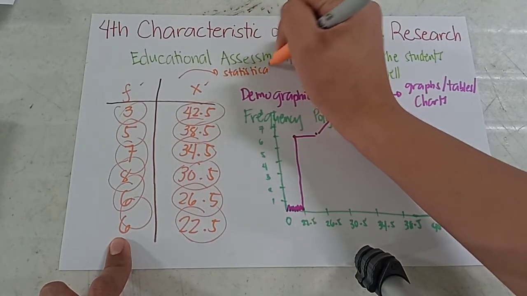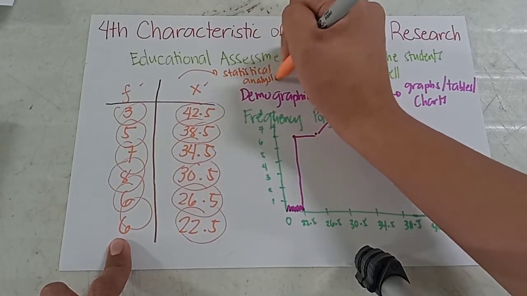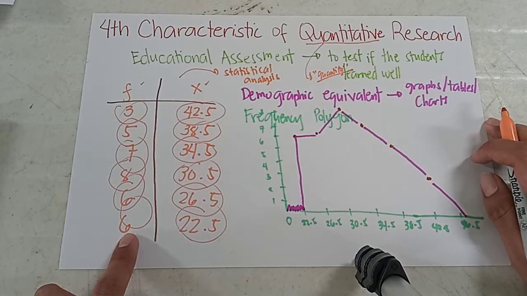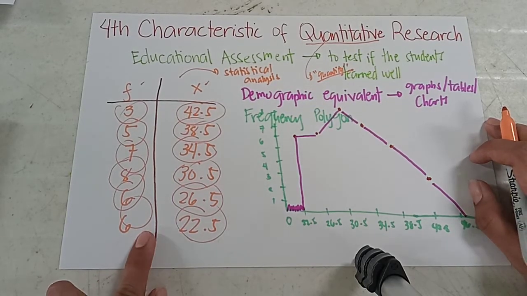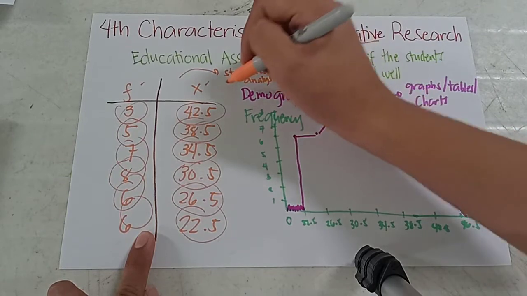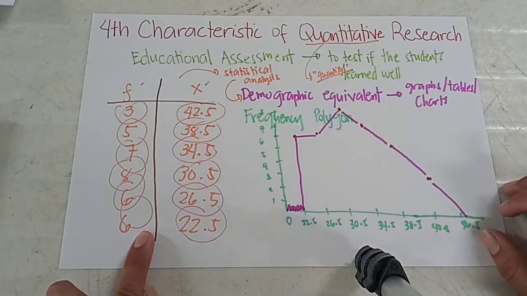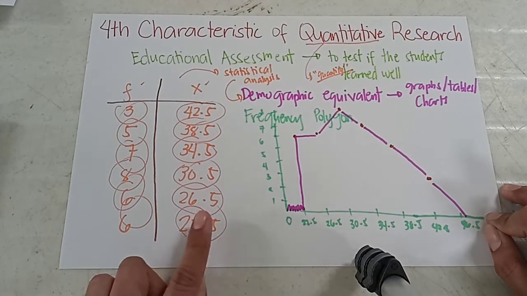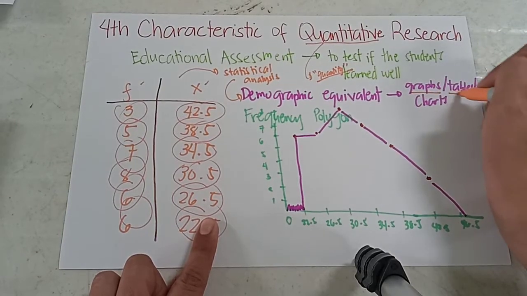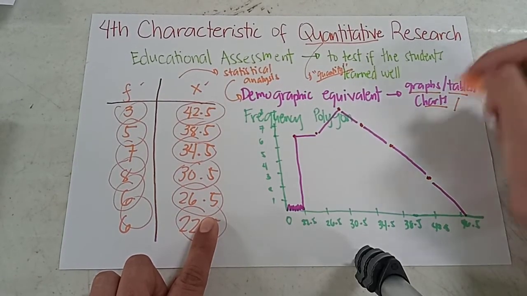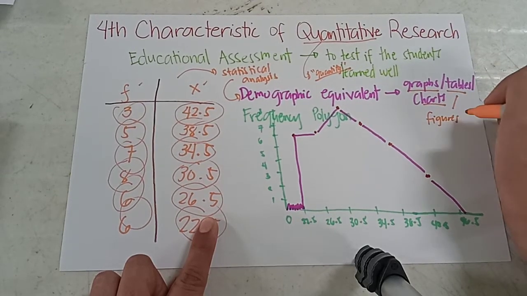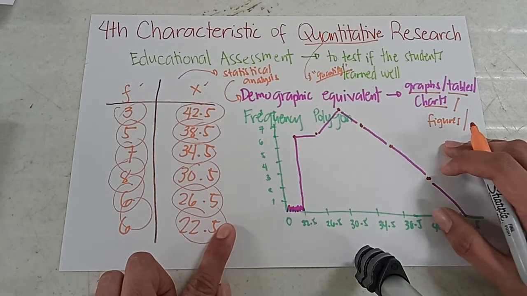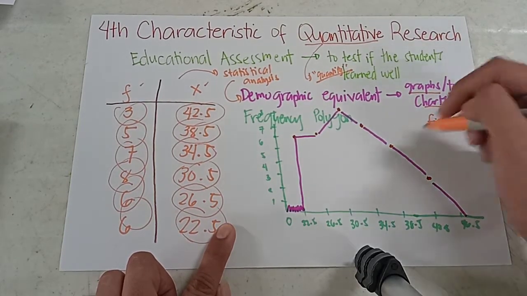Meaning to say, the data is in the form of statistics. And this data in the form of statistics and numerical values is represented by this demographic equivalent, which can be graphs, tables, charts, and figures, or other organizational figures that are non-textual in form.